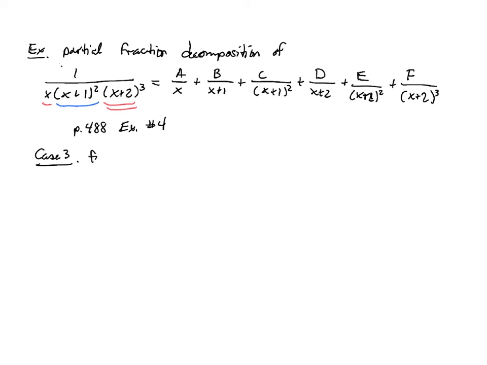So if I have a factor in the denominator that is an irreducible quadratic, and I'll say what that means in a second, with no repetition, right? So just to a single power.